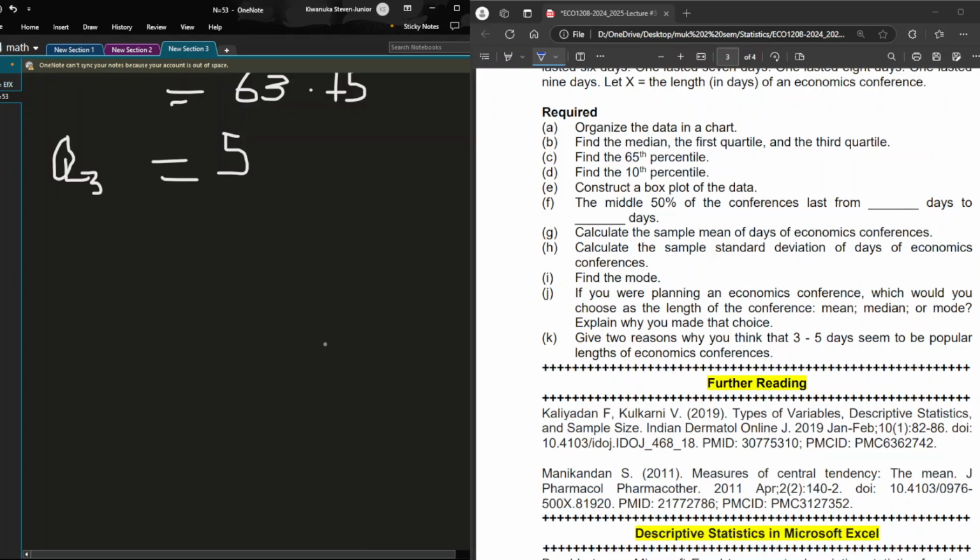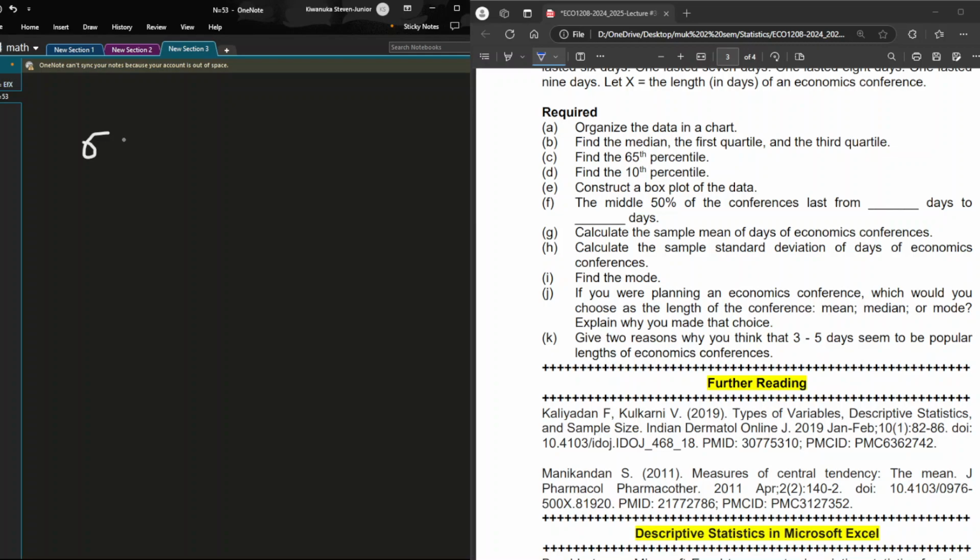We are being told the 65th percentile. Yeah, I think now at this point I may clarify that when it comes to percentile, our n will not add a 1. I'd given it to you as an assignment in the previous video. So that means 65th percentile will be 65 out of 100 times 84.